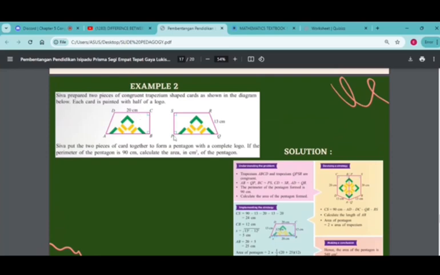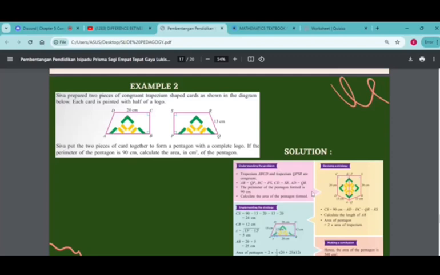Siva puts the two pieces of card together to form a pentagon with a complete logo. If the perimeter of the pentagon is 90 centimeters, calculate the area in centimeters squared of the pentagon.